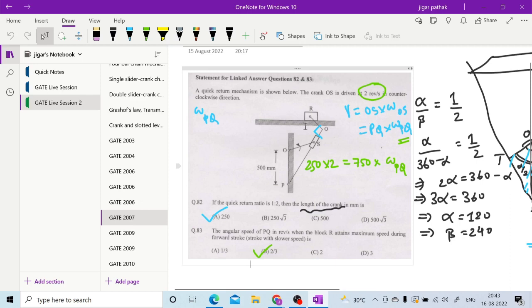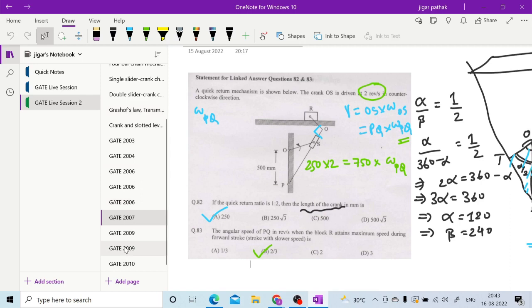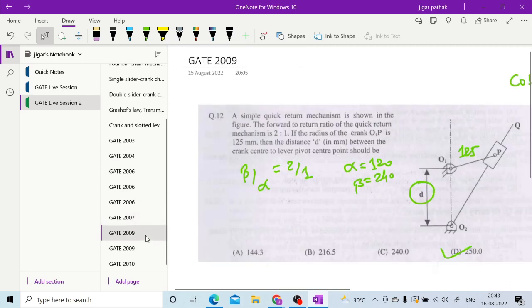The angle between PQ and RQ will be 90 degrees or 180 degrees for maximum velocity at R? It will be 90 degrees. Still, I will check, and you can also check. We'll see that. Okay, for now, let us see.